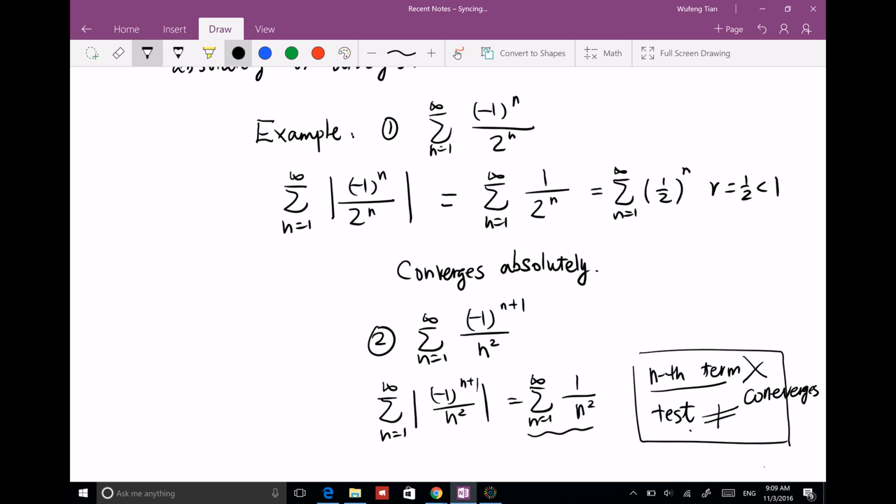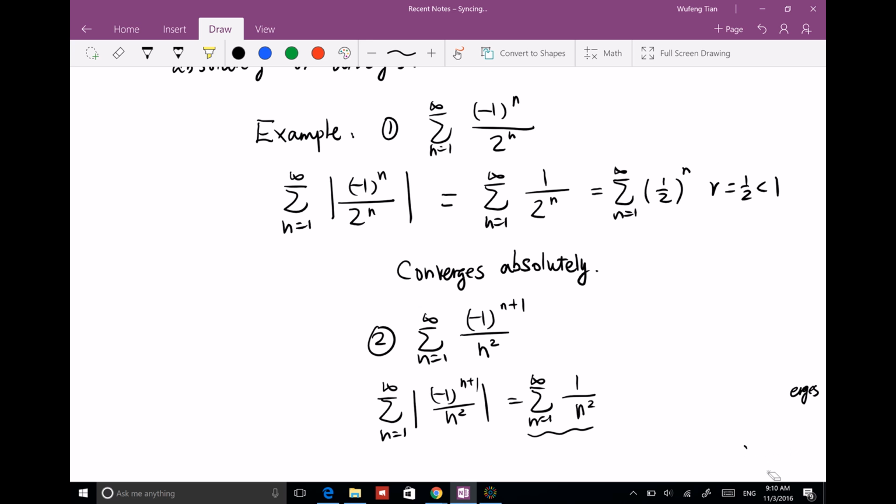But the nth term test can tell you if it diverges. If you do the nth term test and the nth term is not equal to 0, it diverges. But even if the nth term equals 0, you cannot say this series converges. So never use the nth term test as evidence to say it converges. The only test you can use to show it converges here is the alternating series test.